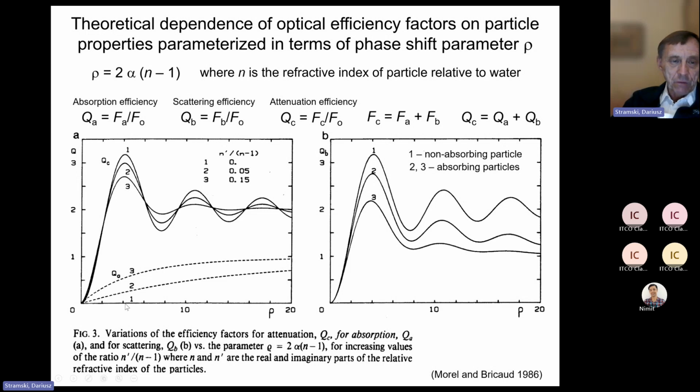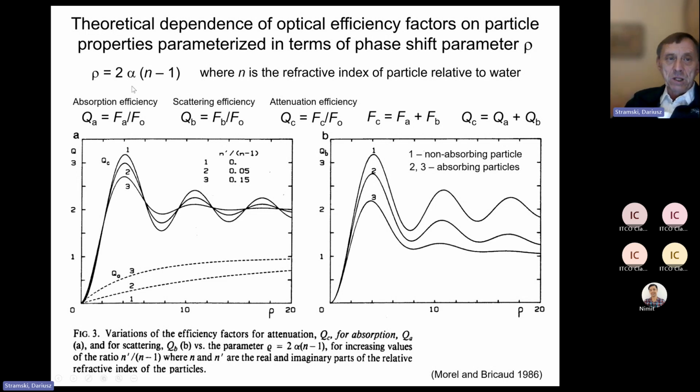So there are three curves for absorption efficiency factors and three curves for attenuation efficiency factors. These three curves represent three different particles which differ in terms of absorption. Particle number 1 has no absorption. Particle number 2 has some absorption, and 3 has stronger absorption.